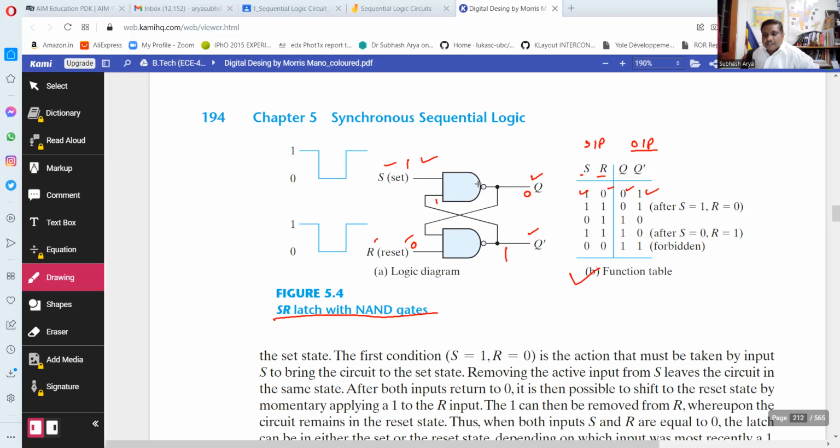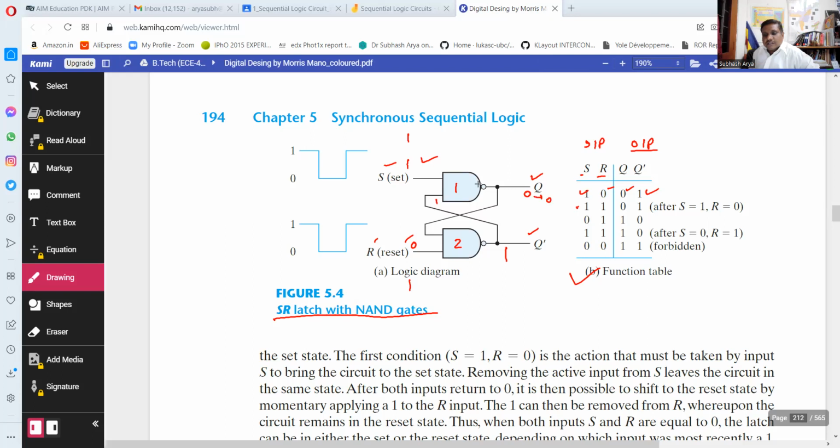Now after that, if 1 is there, so this is 1 and this is 1. As I told you before, we have to see now what is the condition of the other input of this NAND gate number 1 and number 2. So we see there the output of Q bar is equal to 1. So 1 will be again 0.